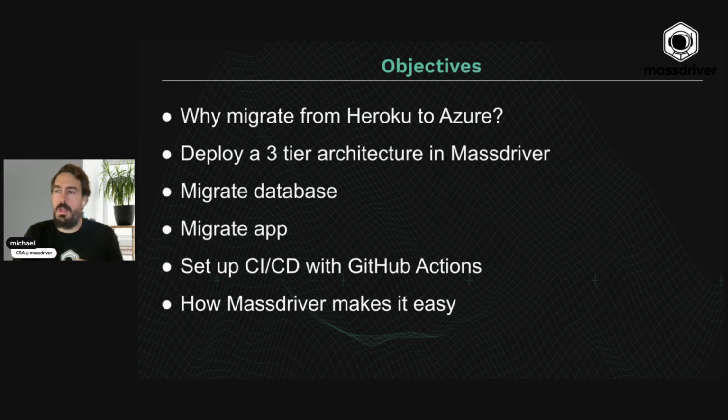Not everybody might want to, but there are certain situations where migrating from Heroku to the cloud in general may be the best fit option for you. So we're going to migrate our Heroku database, and then we're going to migrate our application. We're going to set up CI/CD with GitHub Actions, and all the while we're going to be looking at how Massdriver helps make this process a piece of cake for you.